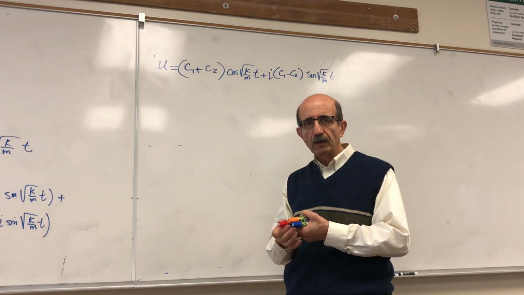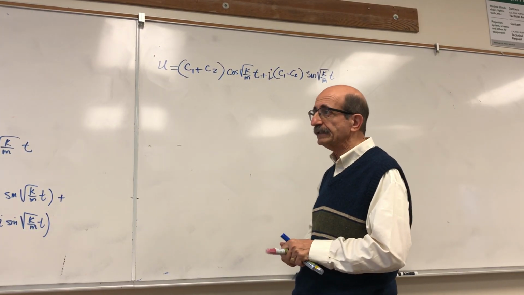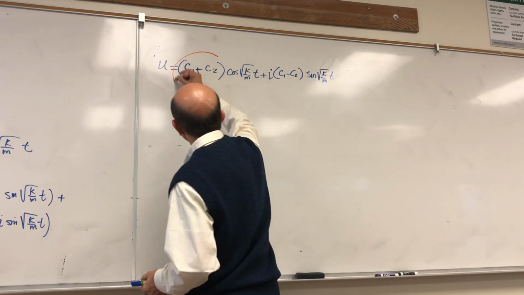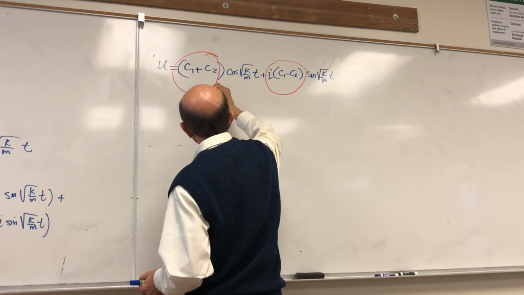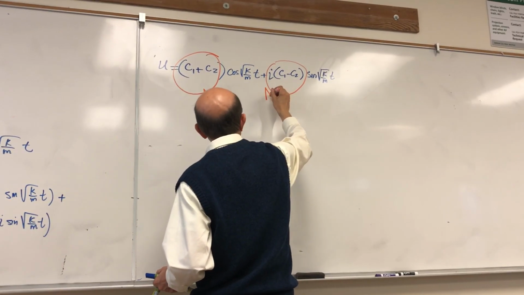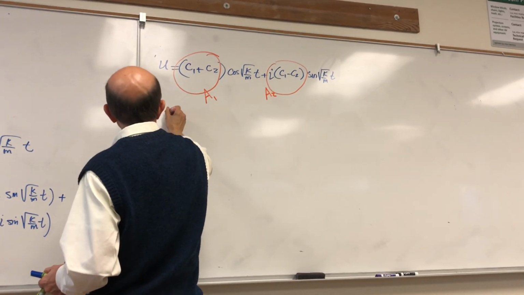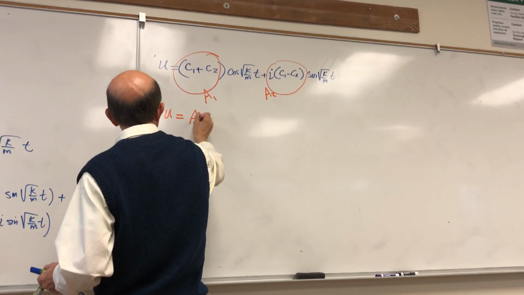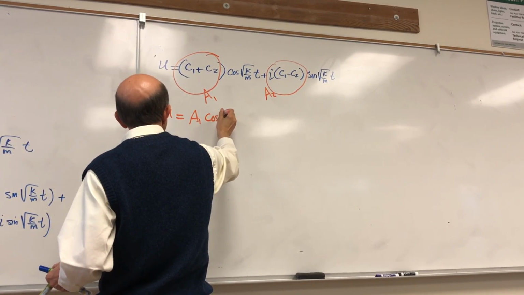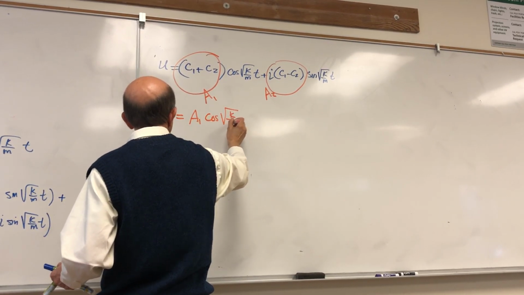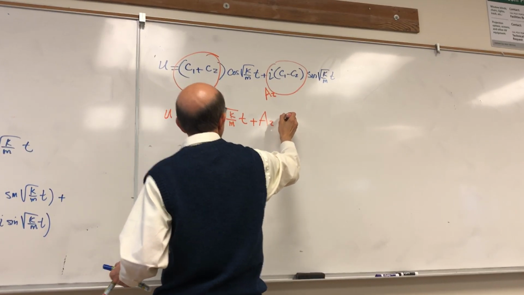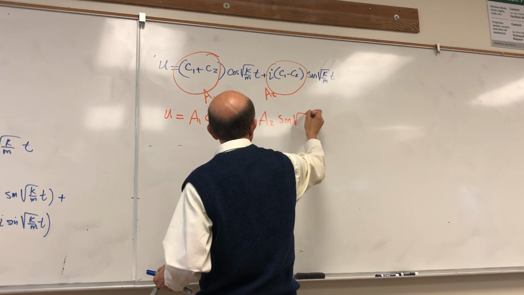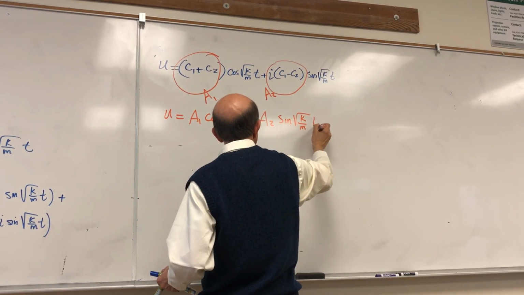These are just some numbers or constant values, this and this. So I can just call this A1, this one called A2. So u then can be written as A1 cosine of square root of k over m t plus A2 sine square root of k over m t.